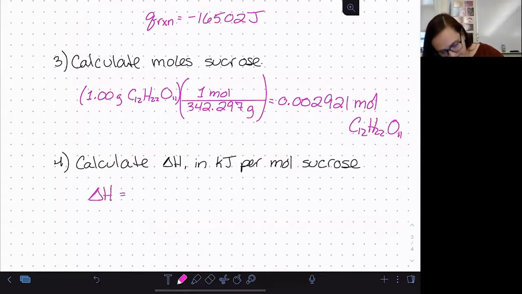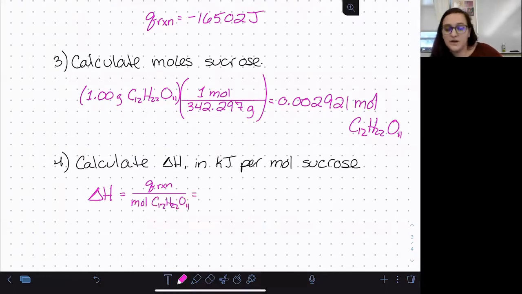for our reaction, is just going to be the heat transferred by the reaction divided by the moles of sucrose. And we know both of those quantities now.